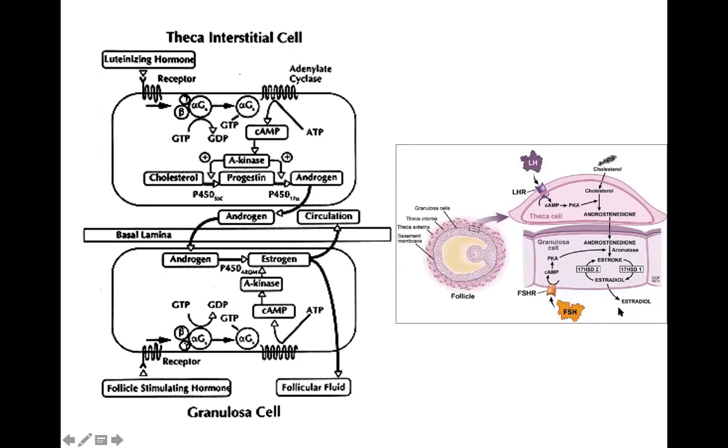Remember again, this aromatase formation is influenced by the cyclic AMP pathway also, because the granulosa cell has FSH receptors, which promote the formation of aromatase and the conversion of androgen into estrogen. And estrogen then goes into the system for further action.